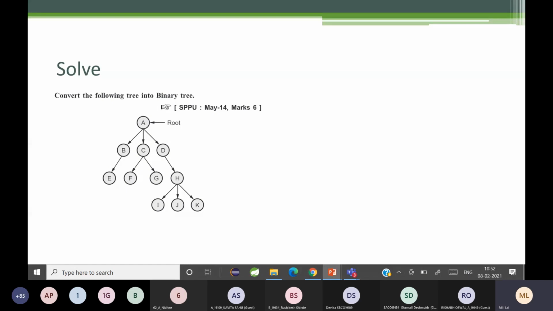See that you cover all the nodes. Done? Yes, students, are you all there? Are you all doing? Yes, ma'am, not yet.